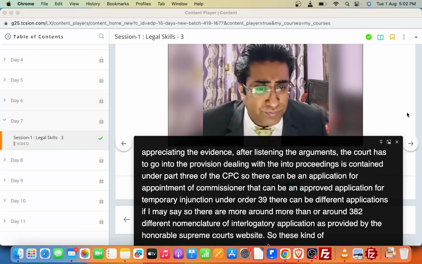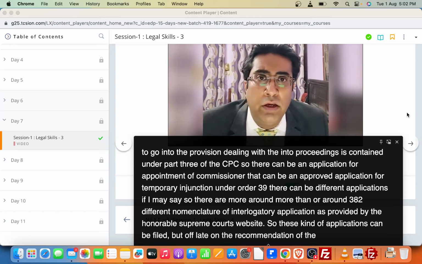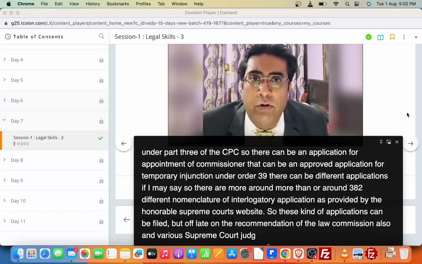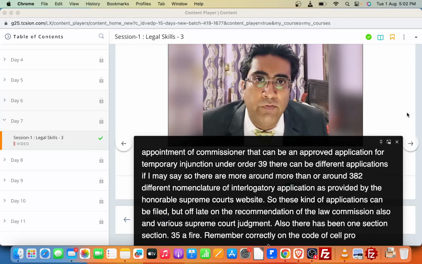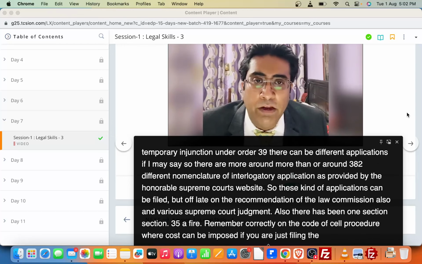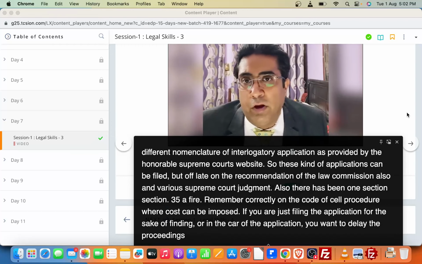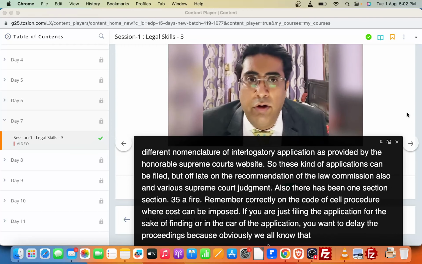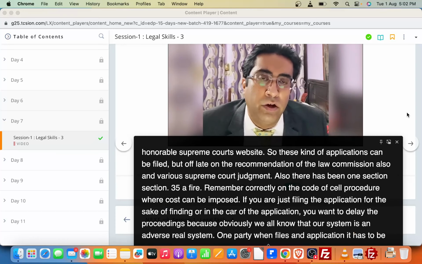So these kinds of applications can be filed, but of late, on the recommendation of the Law Commission and various Supreme Court judgments also, there has been Section 35A, if I remember correctly, in the Code of Civil Procedure, where cost can be imposed if you are just filing the application for the sake of filing, or in the garb of the application you want to delay the proceedings. Obviously we all know that our system is an adversarial system. When one party files an application, it has to be served on the other side.